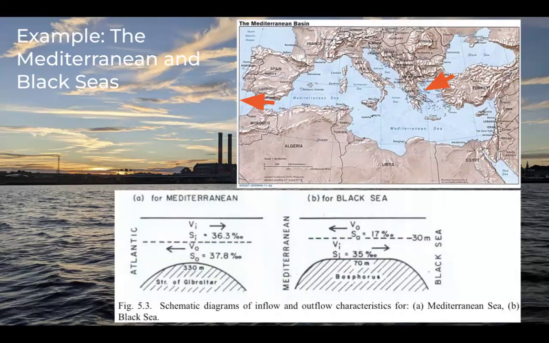And the salty water going out is only 1.5 parts per thousand more salty than the one going in. So that's very close salinities. Whereas in the Black Sea, the salty stuff coming in is twice as salty as the stuff going out.